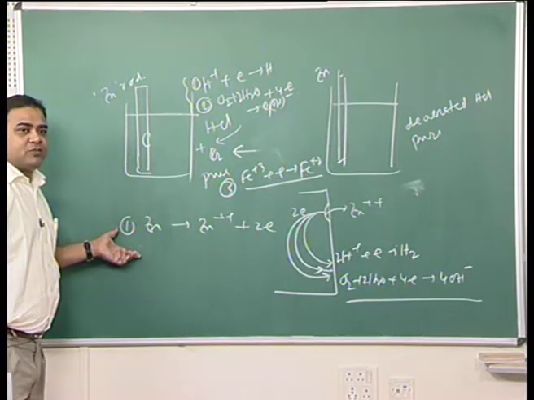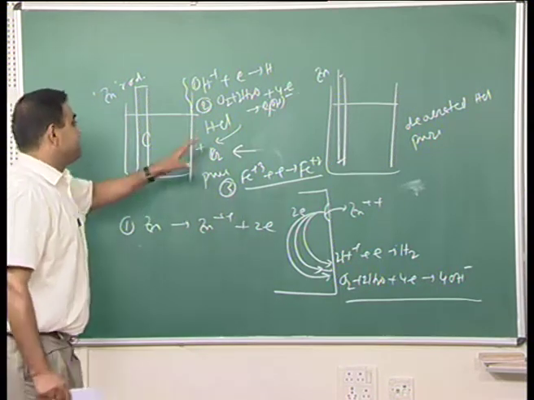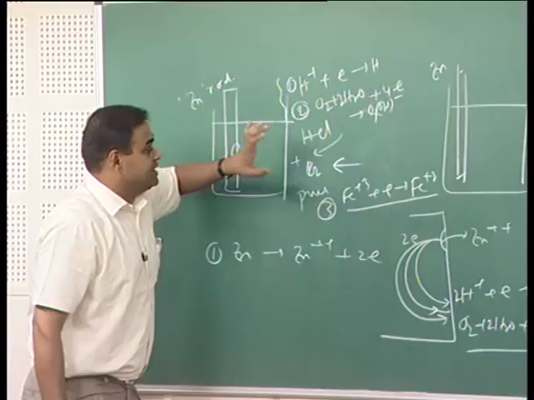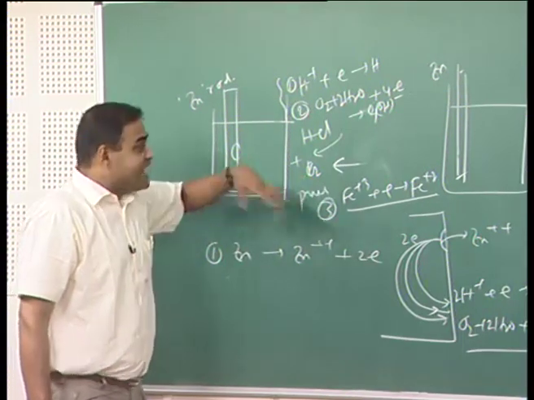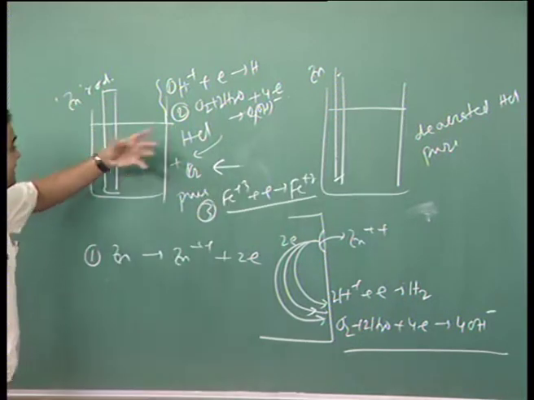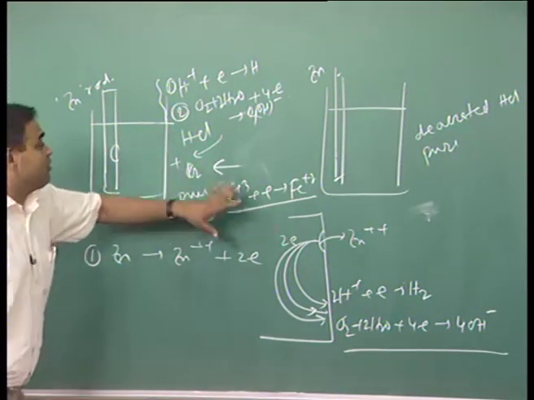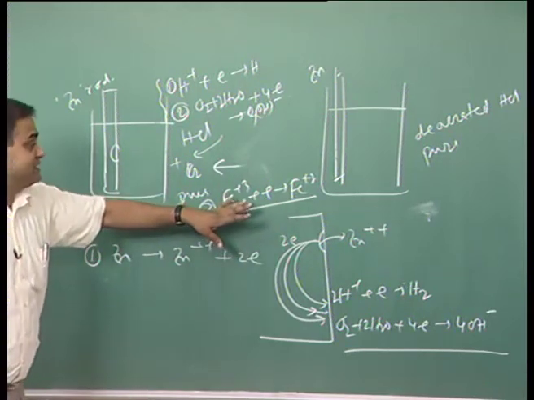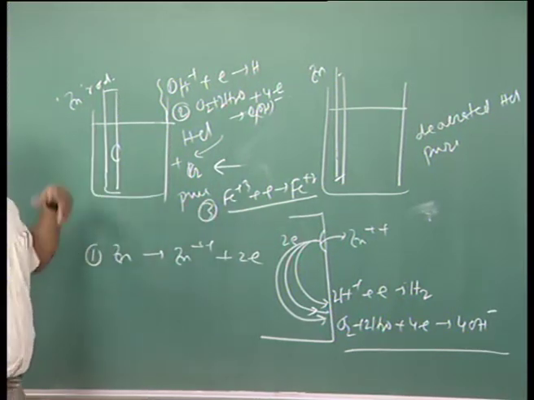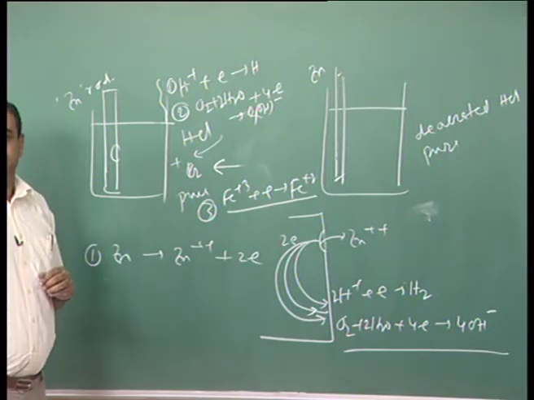What would you expect? What would be the corrosion rate in this case? Corrosion rate would be more in this case if you have oxygen, if you have impurity. So, gradually you see in this case the corrosion rate would be less. In the case where you have only oxygen, that case you have little more, and if you have one more species Fe plus 3, then again you have further increase in corrosion rate or the dissolution rate.